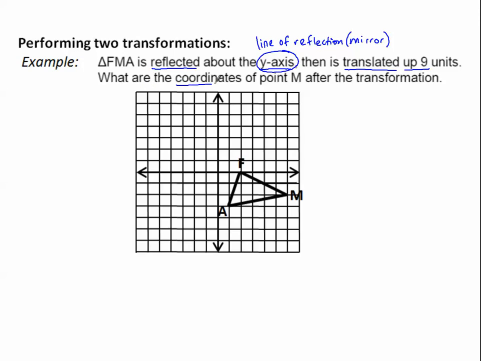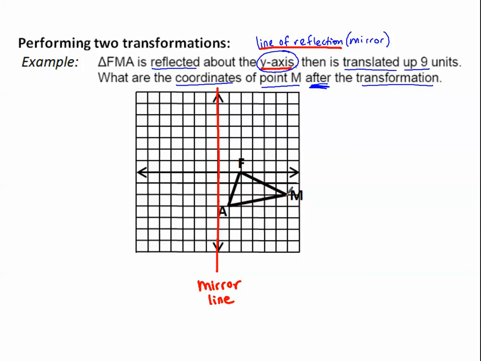What are the coordinates of point M after the transformation? So let's do those 2 transformations. First, the reflection about the y-axis. So that means the y-axis, that's our line of reflection. So I'm going to draw along the y-axis and label that this is the mirror line or the line of reflection, the y-axis. So let's look at where each of these points are, A, F, and M.